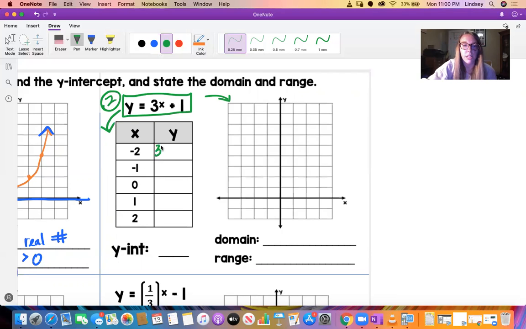So we have 3 to the negative 2 plus 1. All right, so 3 to the negative 2 is just going to be 1 over 3 squared, which is going to equal 1/9. Okay, then we have to remember to add 1. So that's going to be 1 and 1/9.